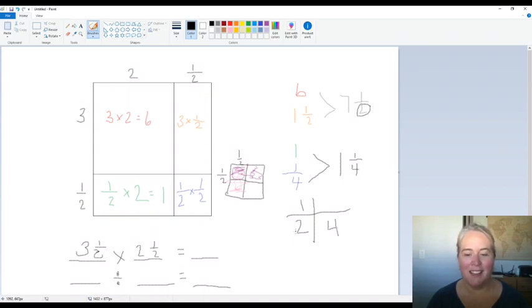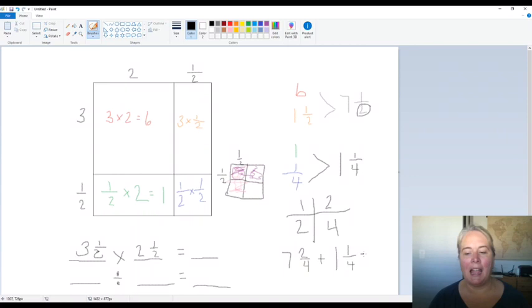I said 2 times 2 is 4, so 1 times 2 is 2. We know that 2/4 is the same as 1/2. So then I have 7 and 2/4 plus 1 and 1/4. So I have two mixed numbers I'm adding.